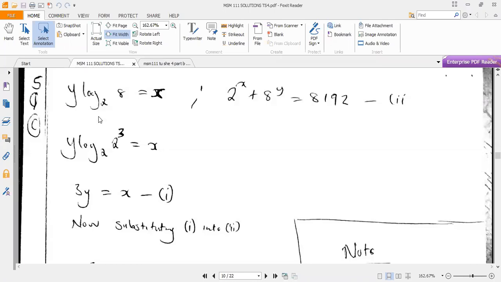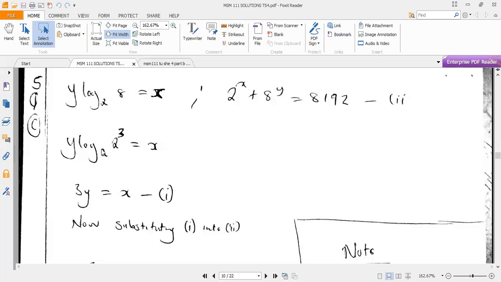Using the log principles, we know that 8 can also be written in the form of 2 to the power 3. So the 3 can drop, and then you remain with log base 2 of 2.